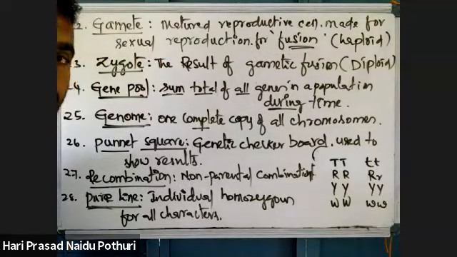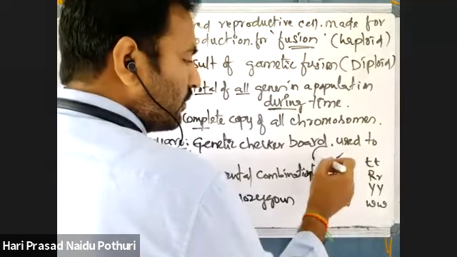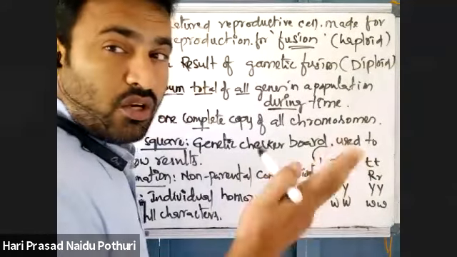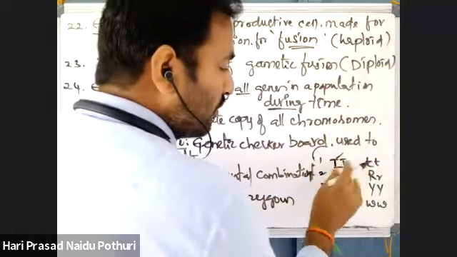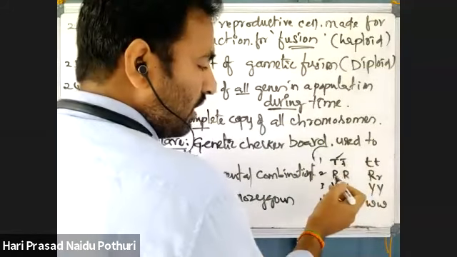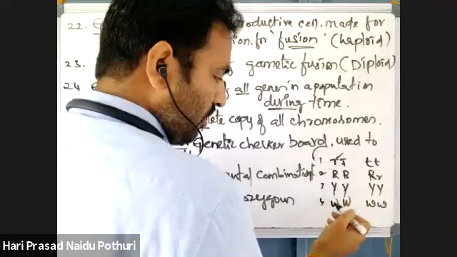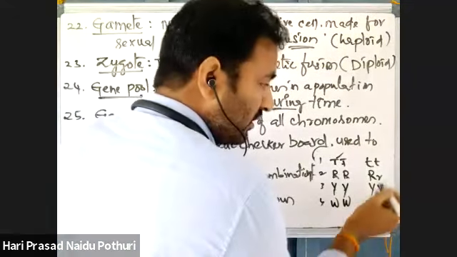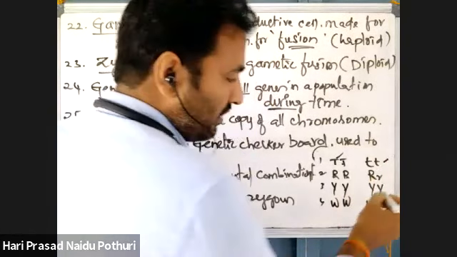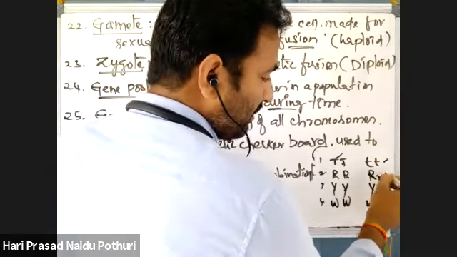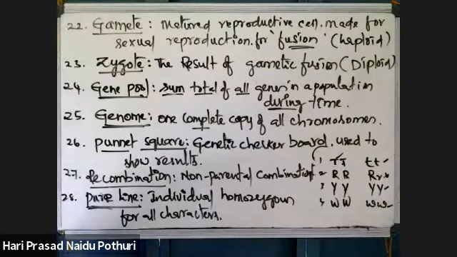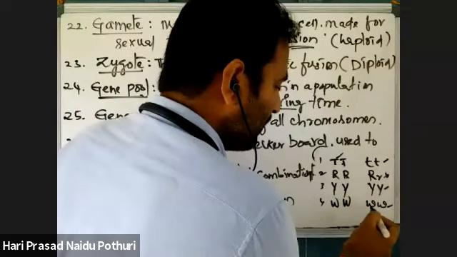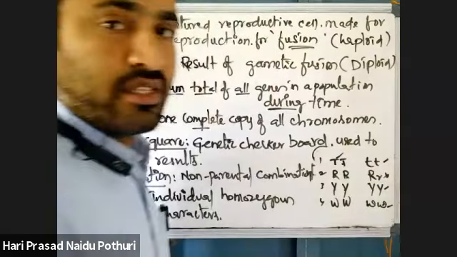See here, this is homozygous, we took 4 characters. Homozygous means both are dominant or both are recessive. These both are dominant, homozygous. This is also dominant, this is also dominant. All are homozygous. But this one is not homozygous. See here, this is recessive, this is dominant, this is dominant, this is recessive.